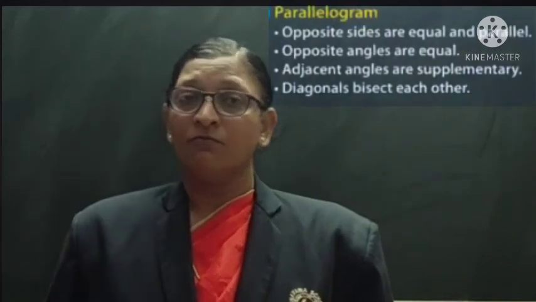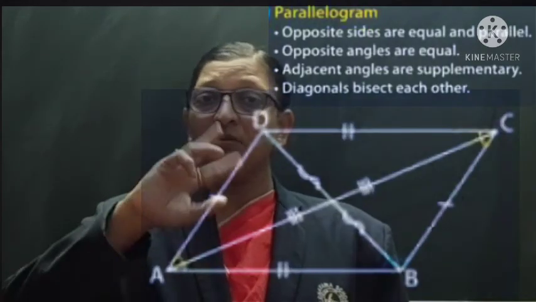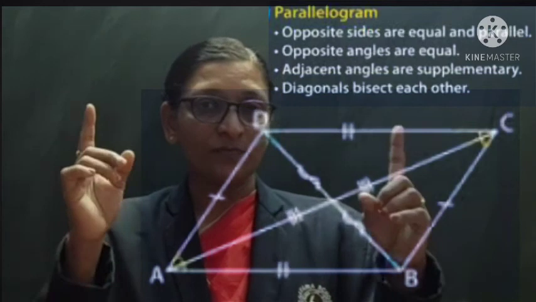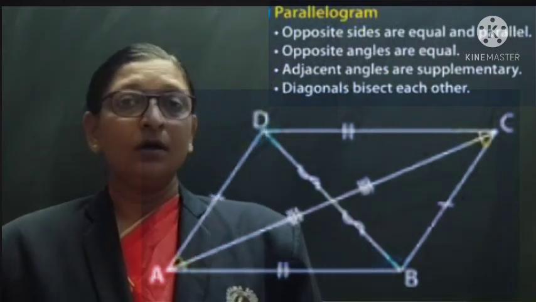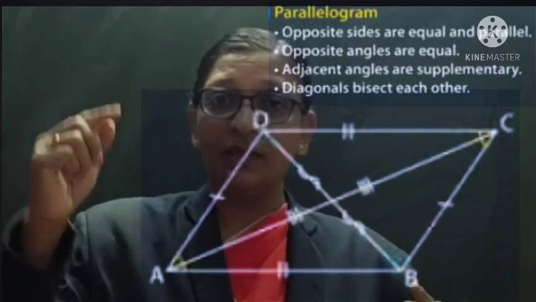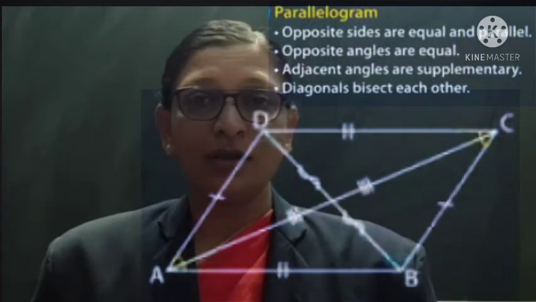Now, let's move to the next quadrilateral, that is the parallelogram. A parallelogram is a quadrilateral which has both pairs of opposite sides parallel to each other. Opposite angles of a parallelogram are equal.